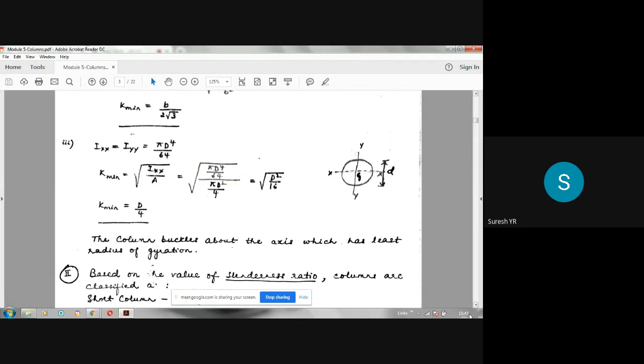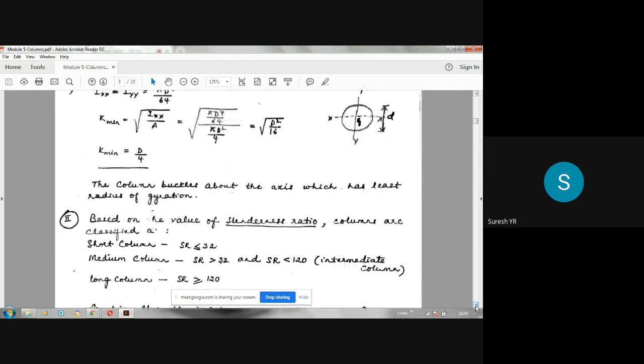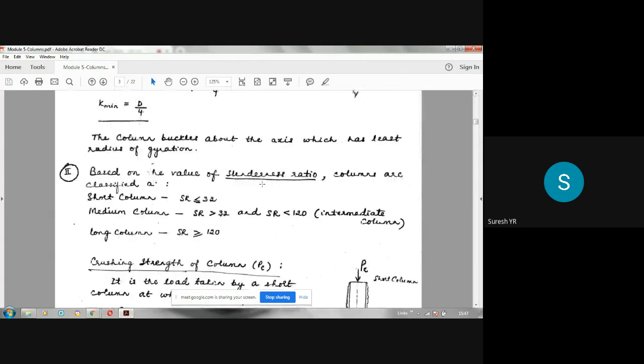That means the failure of a column takes place about the weaker axis. Suppose KYY is minimum, then the YY axis is the weaker axis and it buckles about that axis. Suppose KXX is minimum, it buckles about that axis. It fails about that axis.